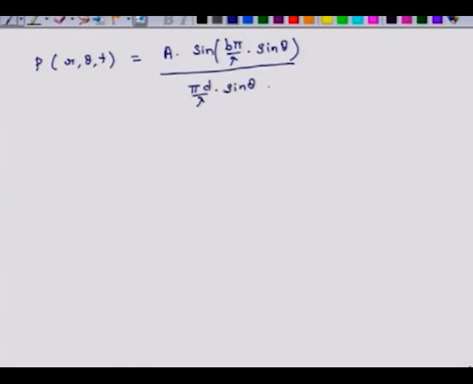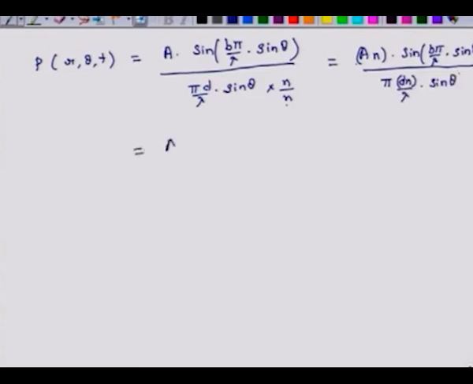Now, I can multiply this and divide this by n, and what I get is A times n times sin b pi over lambda times sin theta divided by, so this n comes in the numerator, and in the denominator I am left with pi d n divided by lambda times sin of theta.